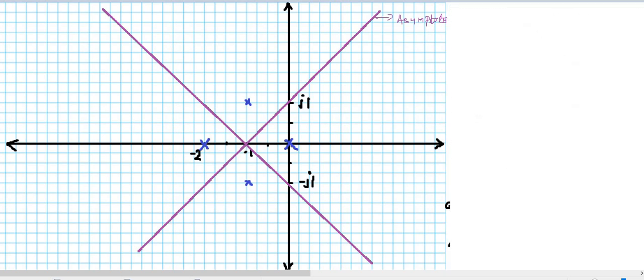Now what is the next step? The next step is we have to find whether there is any breakaway point for the given problem.